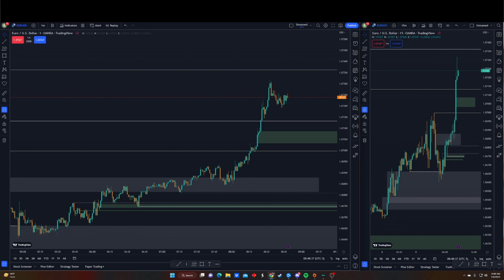Dollar looks heavy. Euro looks strong. The other thing is we're still really early in the new year, so price may be more aggressive to clean up liquidity.